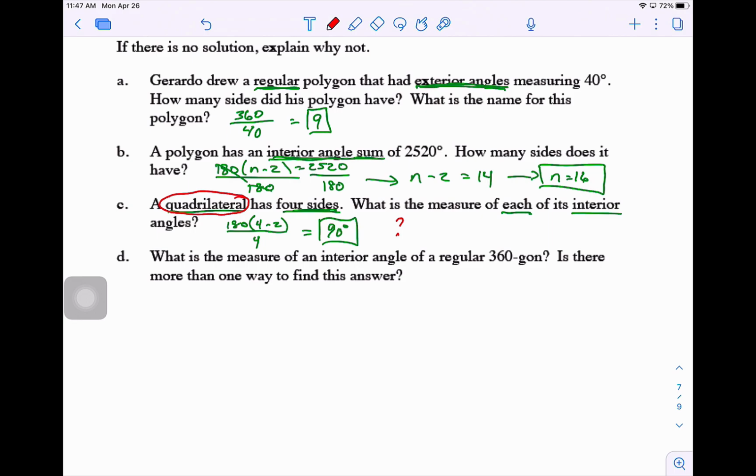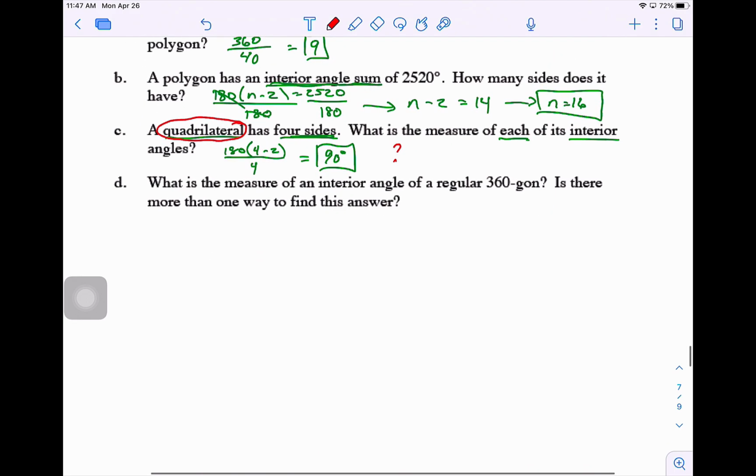Okay. And then finally, last one, part D here. As you take a look at this one, I asked you, what's the measure of an? Here's again keywords. An meaning one interior angle. Okay. If you have a regular, there's another keyword, 360-gon. So a couple of different ways that we could do this.